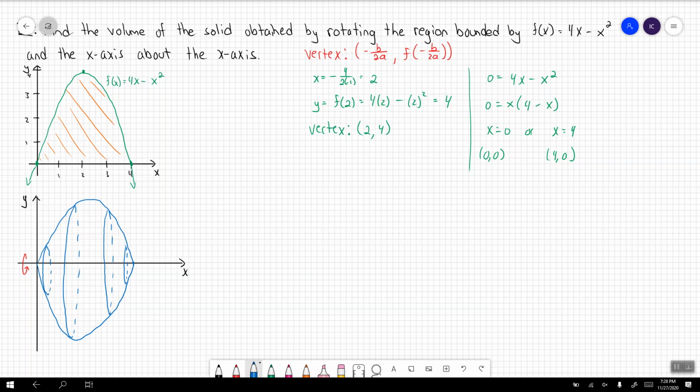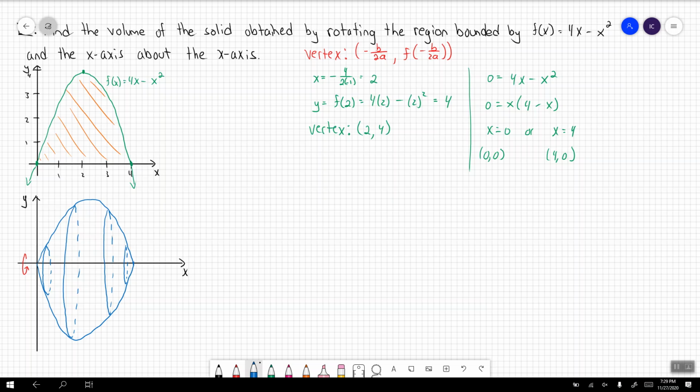So we've created this three-dimensional figure now, and we want to find its volume. So if we want to find the volume, then naturally we just need to find the area of one of the cross-sections. And remember, that cross-section needs to be perpendicular to your x-axis, or in this case, perpendicular to the axis of rotation.